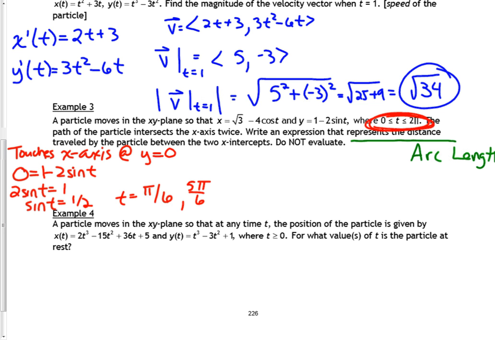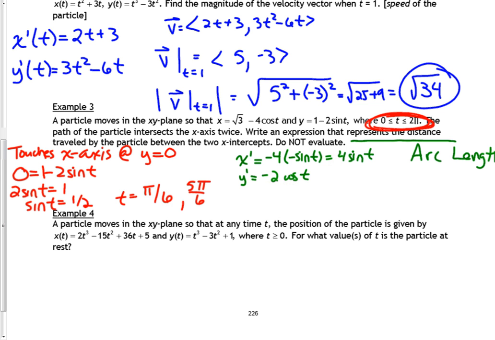I just need to set up my arc length. Now to do that, I'm going to go ahead and find my derivatives. So my x prime is going to be negative 4 times negative sine of t, which is just 4 sine t. And then my y prime is going to be negative 2 cosine t.